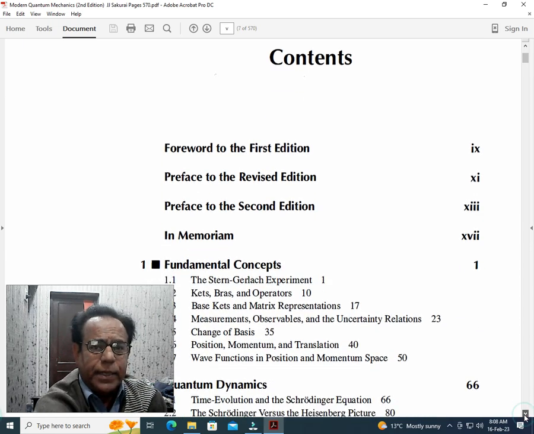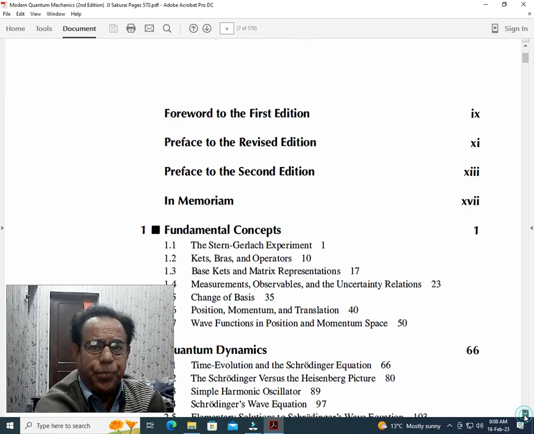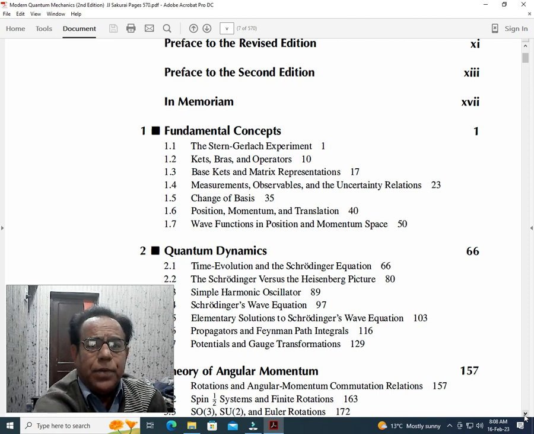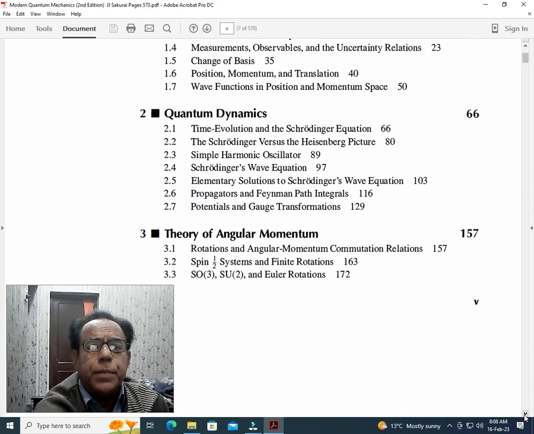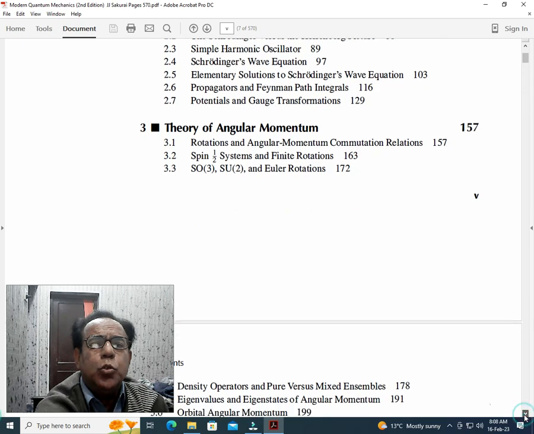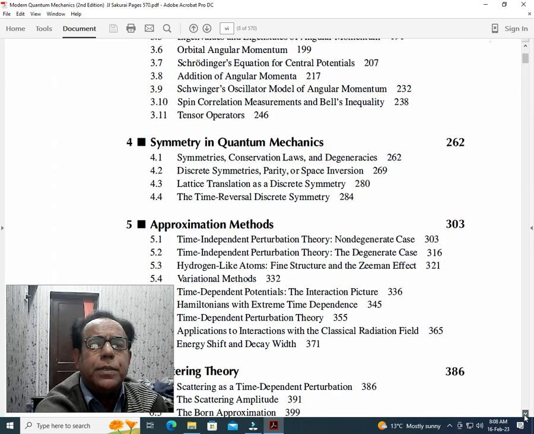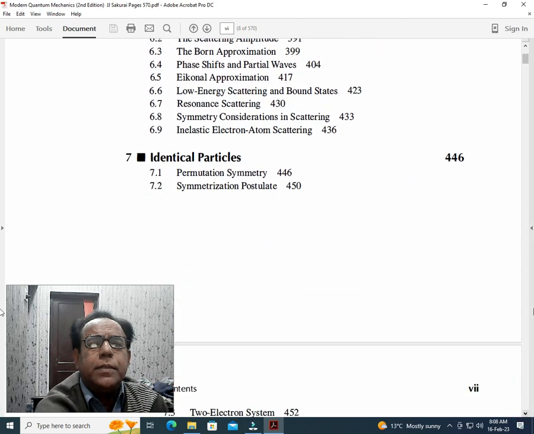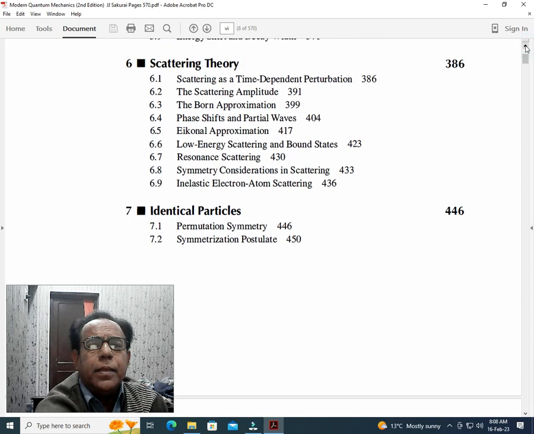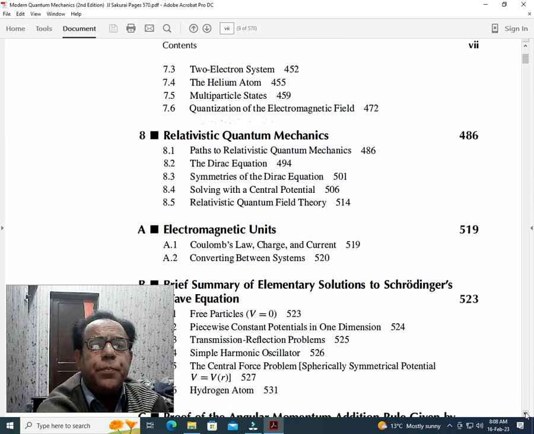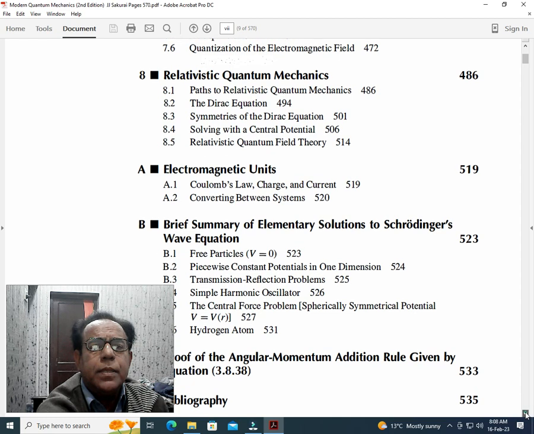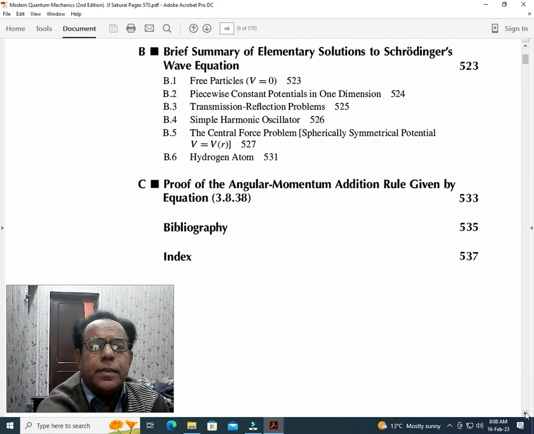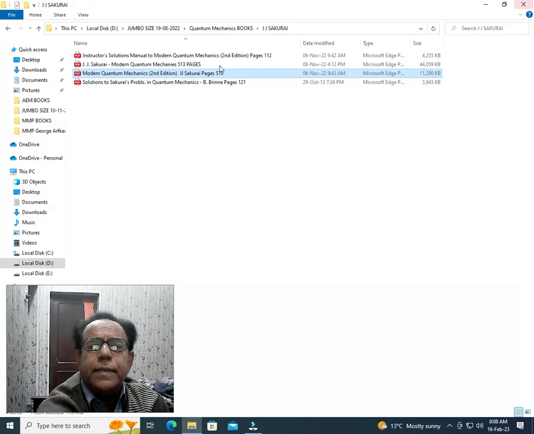Now we come towards contents. Chapter number 1, fundamental concepts. Chapter number 2, quantum dynamics. Chapter number 3, theory of angular momentum. Chapter number 4, symmetry in quantum mechanics, approximation methods, scattering theory, identical particles, relativistic quantum mechanics, and index is given at page 537.